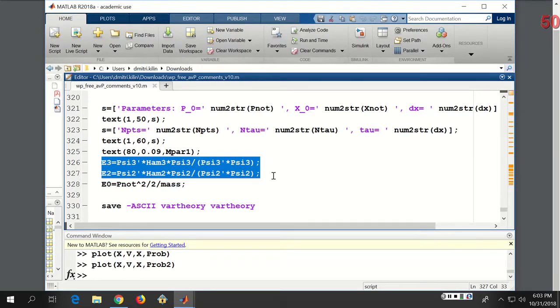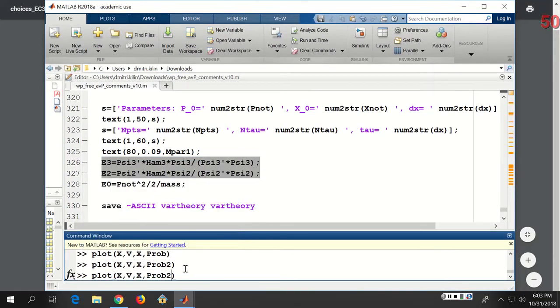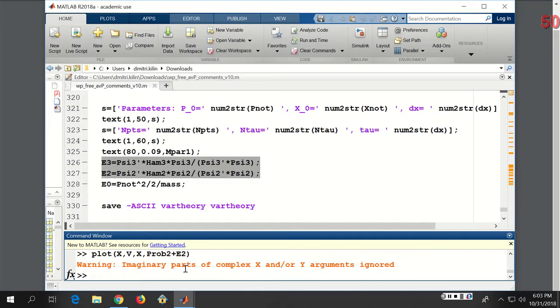So let's try to add this E2 and E3, well, E2 if you use the second method for probability. Our energy is imaginary. Okay.